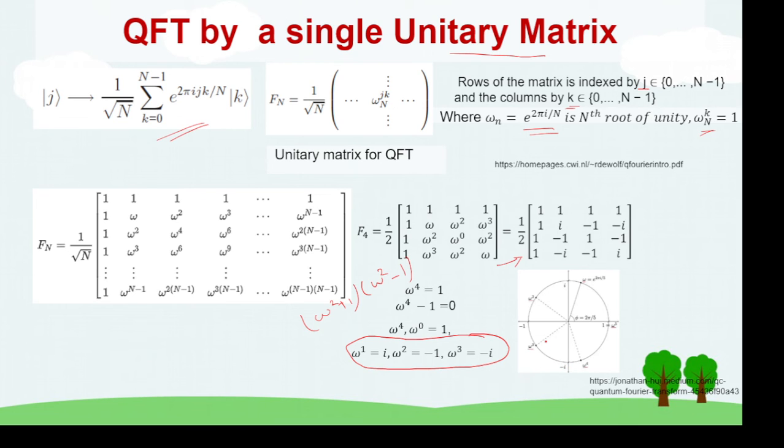Suppose n is 5. Then what you have to do is segment the circle into 5 parts, and for each part we need to calculate omega using this expression, 2 pi by 5, at the point where omega intersects the unit circle.